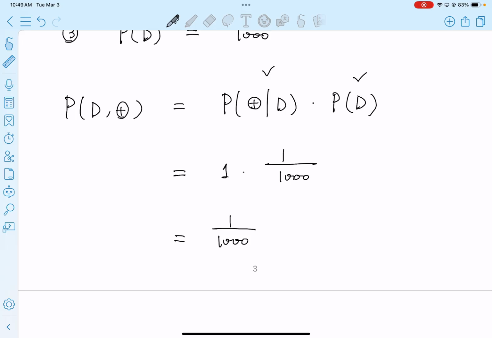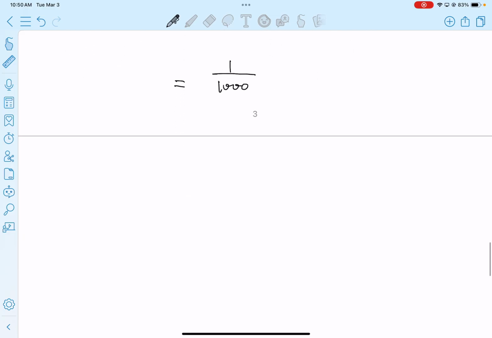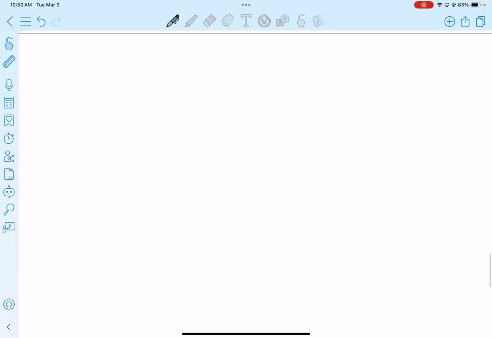You can see that after you apply the formula for the second time, you'll be able to obtain some results. In this case, we have the joint equal to the conditional multiplied by the marginal. So we have handled the numerator. Now let me also introduce another formula, giving a name to what we have done here.